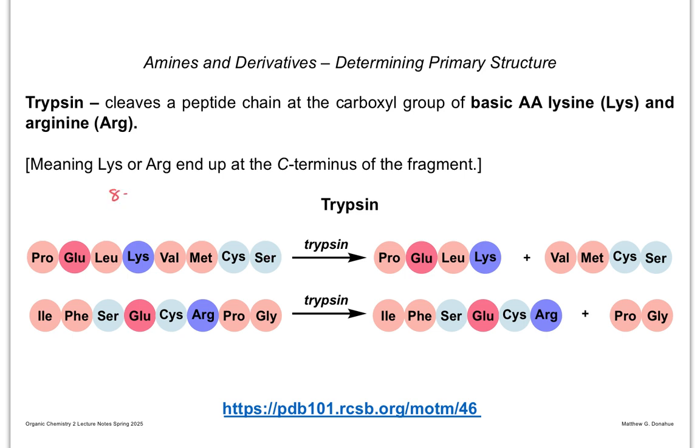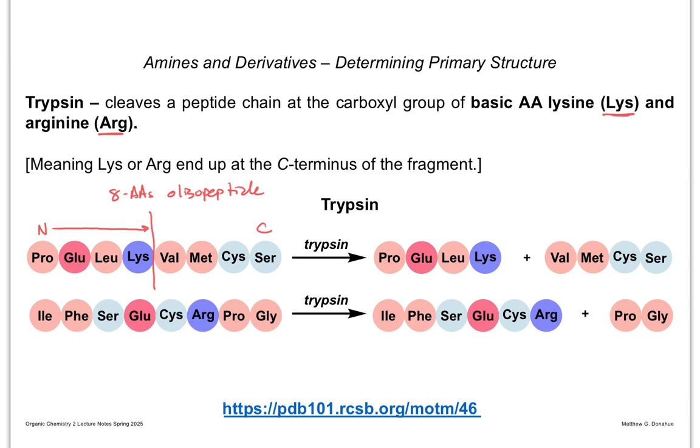We have 8 amino acids in this first chain, so we would say this is an oligopeptide. So we're reading from N to C, and we're looking for lysine or arginine. Those were the ones colored in dark blue. So as we read proline, glu, glu, lys, we hit a lysine, so it's going to cleave there.